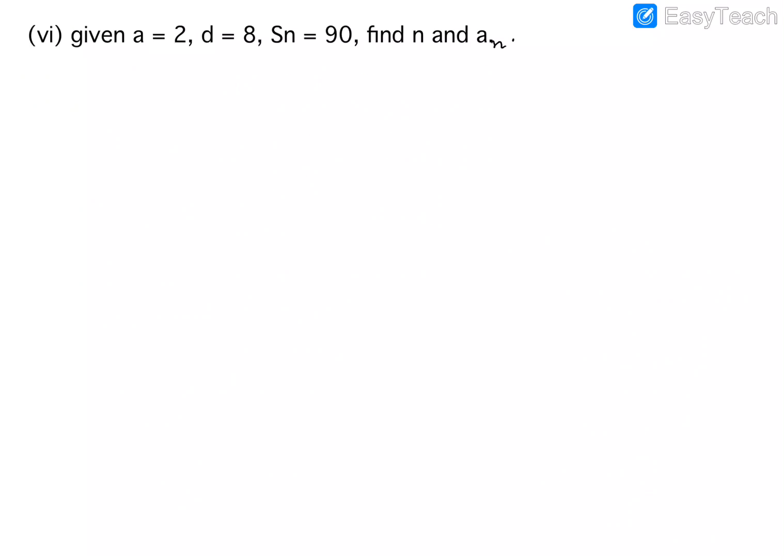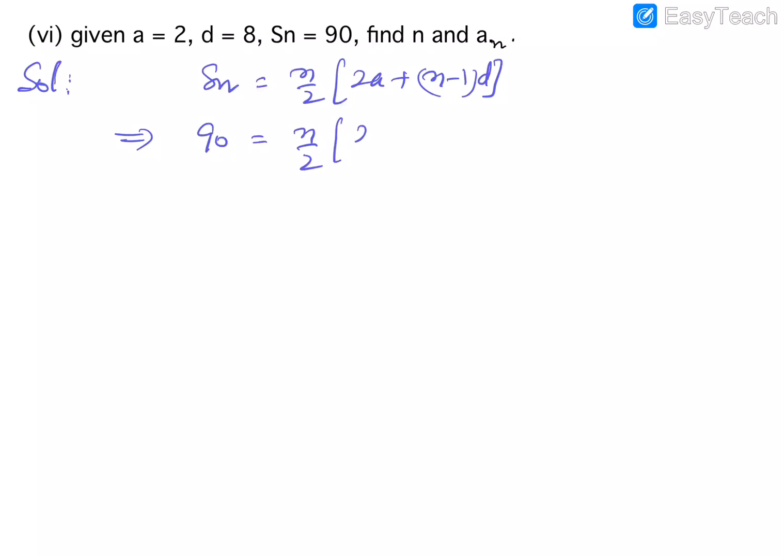Now sixth part, given a is equal to 2, d is equal to 8 and Sn is 90, find n and an. Since here Sn is given, so using the formula Sn is equal to n by 2 into 2a plus n minus 1 into d, we have Sn is 90, n is to be found out, 2a is 2 plus n minus 1 into d is 8.